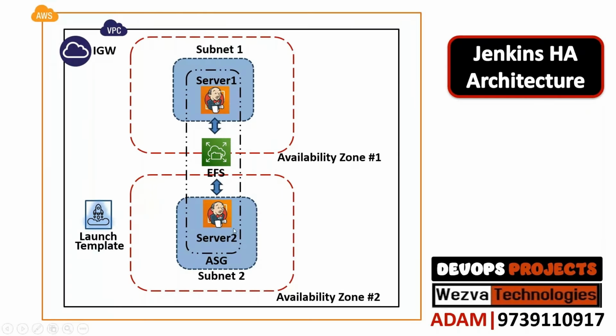So for sharing or duplicating the data, we need to use a storage like EFS, because in this scenario, we are talking about sharing a file system between two machines. For this, the best solution that I would recommend is to use EFS.